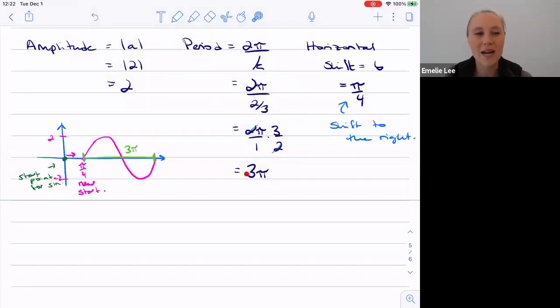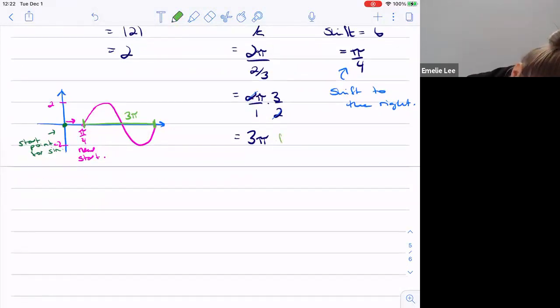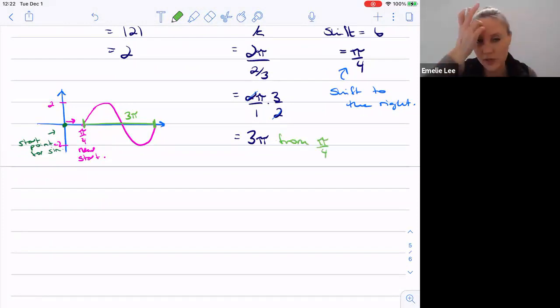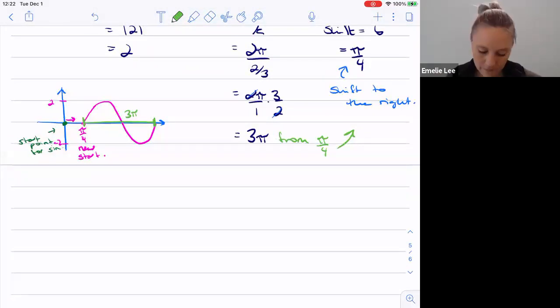So it's 3 pi from pi over 4, which is your new starting point, right, from here. Okay. So from 0 to 3 pi, you wouldn't quite finish, but remember you've moved your starting point, and then you add 3 pi.